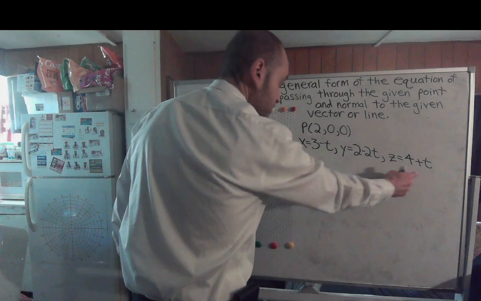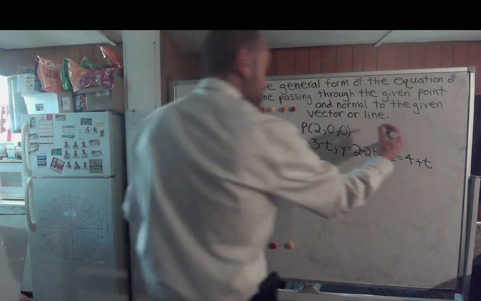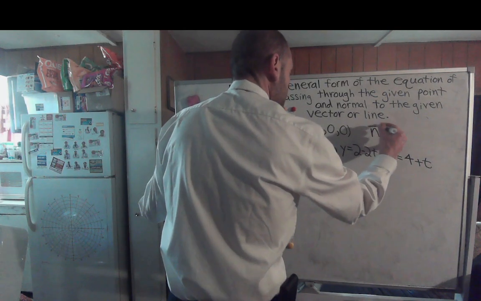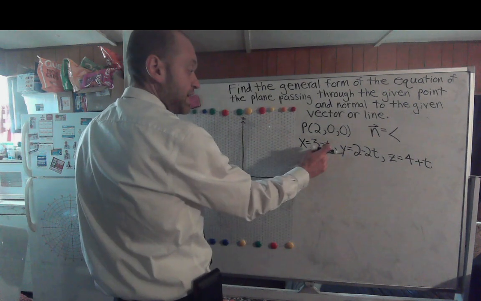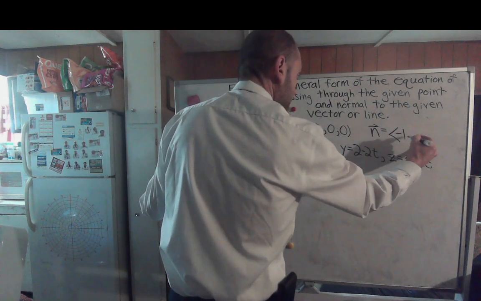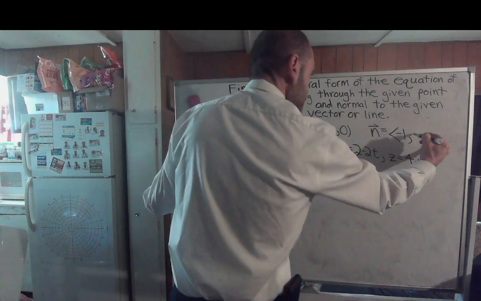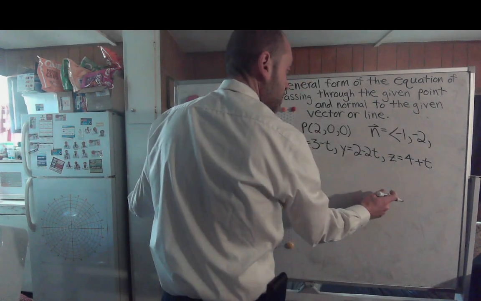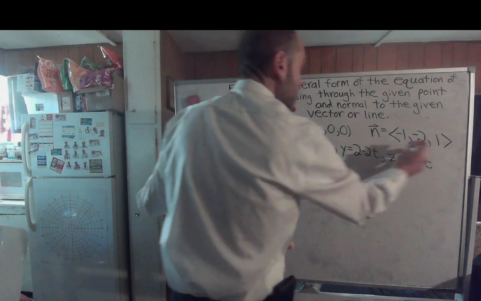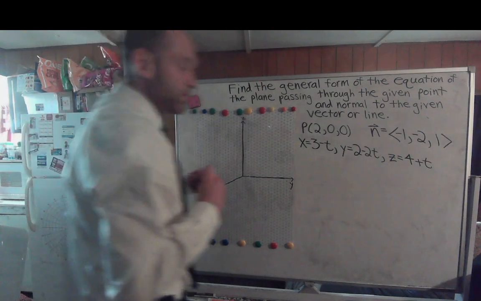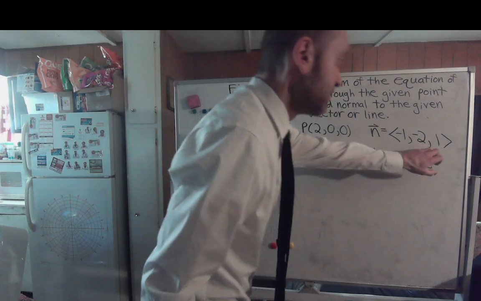You look at the coefficients on the t, that would be your normal vector for this plane. So we actually have our normal vector now. Coefficient for the x term is -1 on the t. Coefficient on y is -2. Coefficient on the z term for t is +1. So now we've identified our normal vector to be -1, -2, 1.